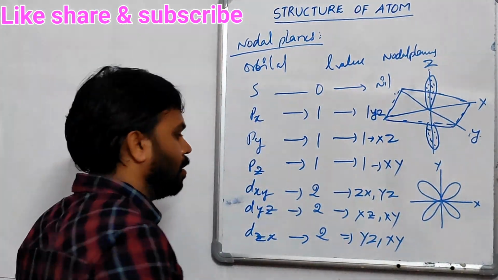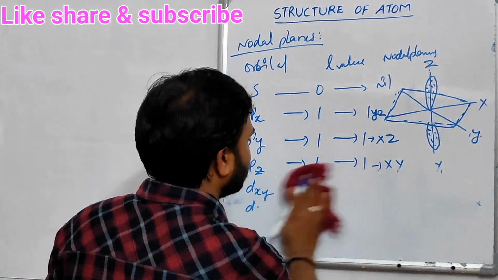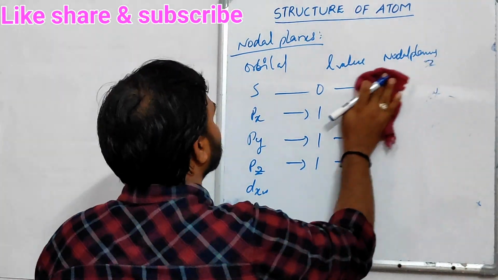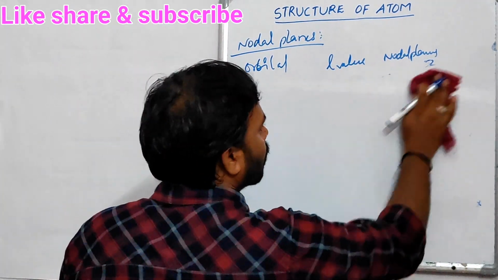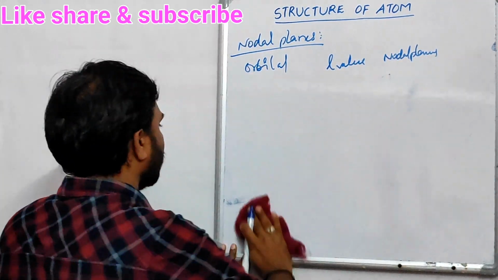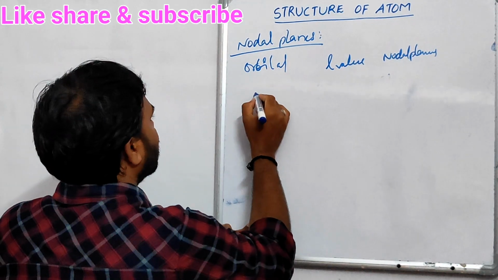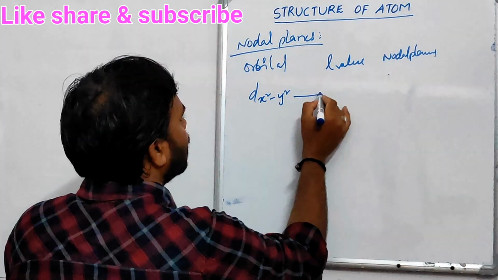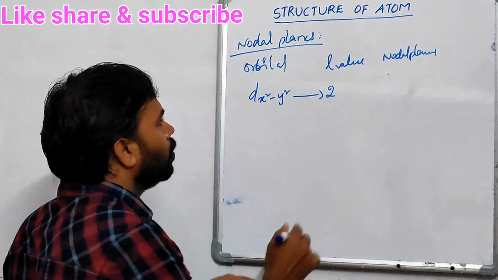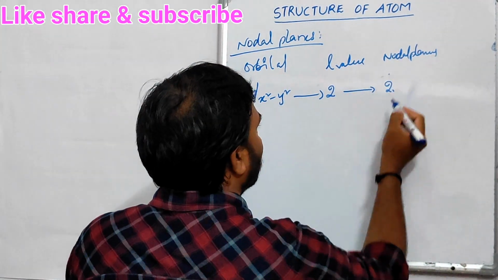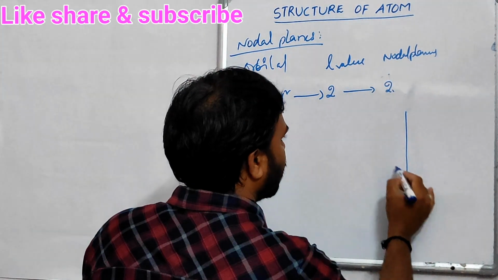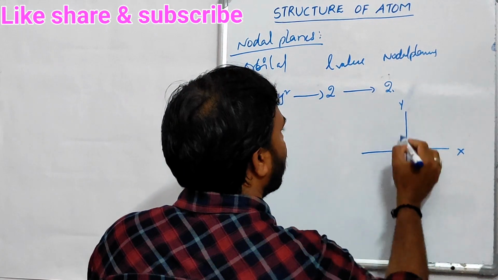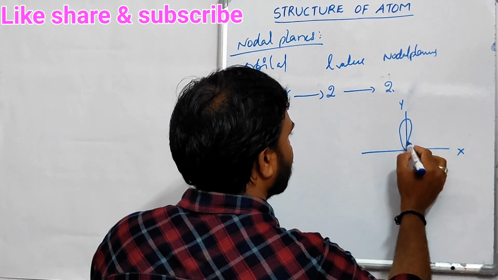Let's see a few more orbitals. Next, the dx square minus y square orbital. It has L value 2. It has two nodal planes. Let's see. x square minus y square, like this.